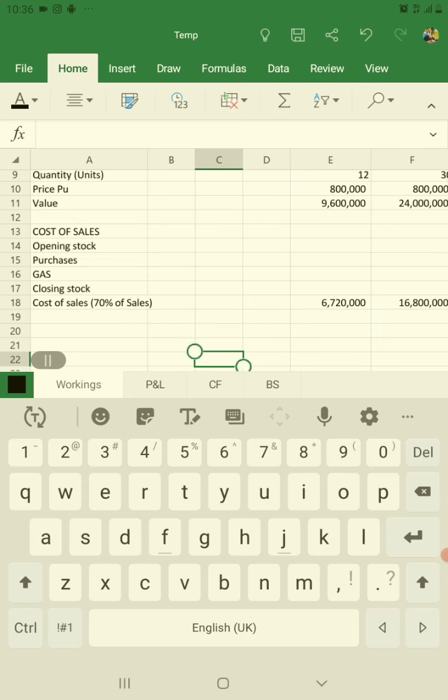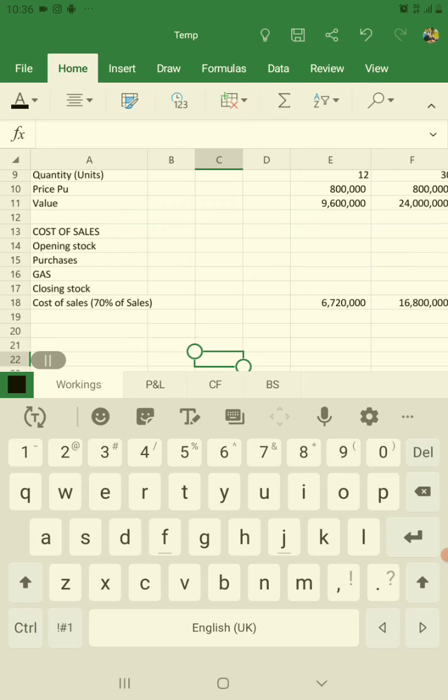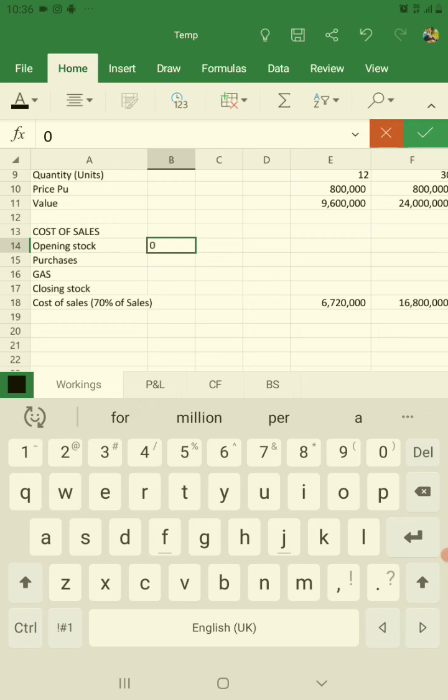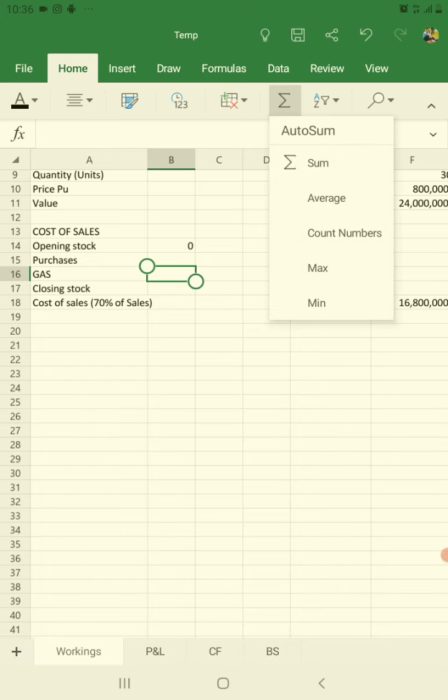Okay, now as I said, opening stock plus purchases is equal to goods available for sales. So I'm putting a formula here. Let me put 0 here so that I can use sum, and then go to auto sum.